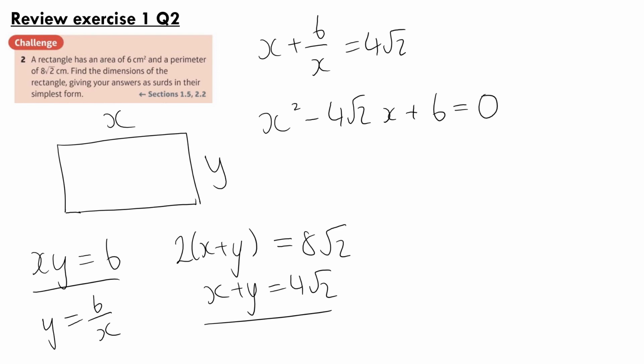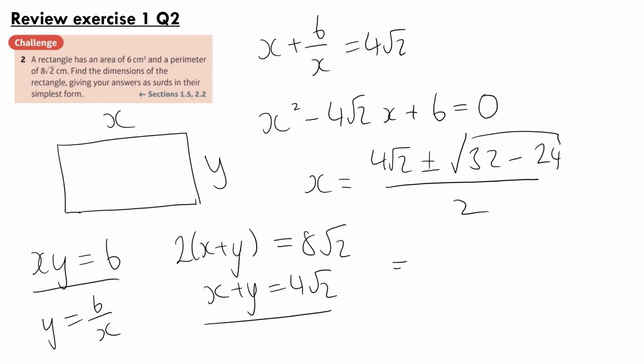And using the quadratic formula, we get x equals negative b plus or minus the square root of b squared minus 4ac, over 2a, which gives us 2 root 2 plus or minus root 2. And so our values of x are either 3 root 2 or root 2.